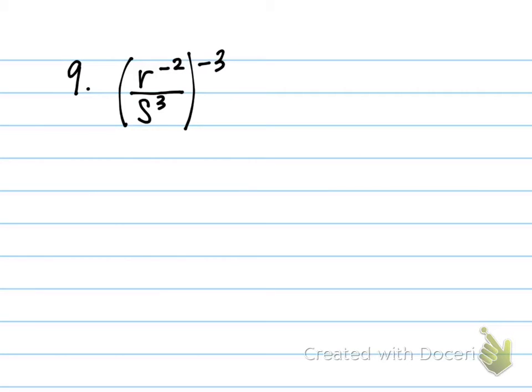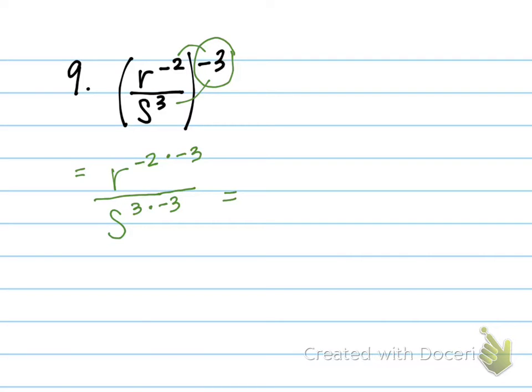Here we have this negative exponent, a power to a power. So I'm going to distribute this negative 3 here to the top and to the bottom. So this would become r to the negative 2 times a negative 3, power to a power, over s cubed times a negative 3.